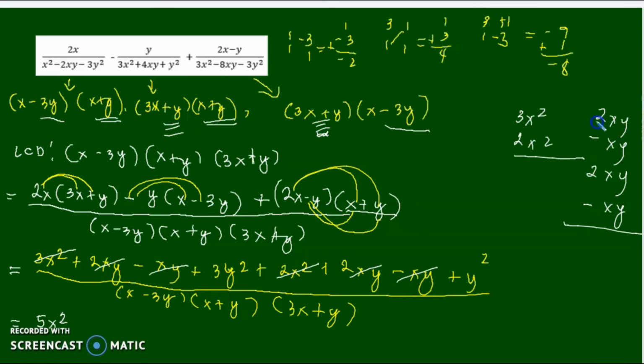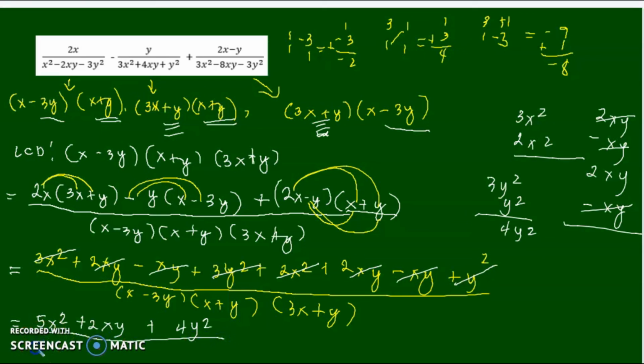Add it to 2xy, that one becomes 0. So we have only positive 2xy. Then next, we have here 3y squared plus y squared, so that one equals 4y squared. Then all over the quantity of x minus 3y times the quantity of x plus y times the quantity of 3x plus y.